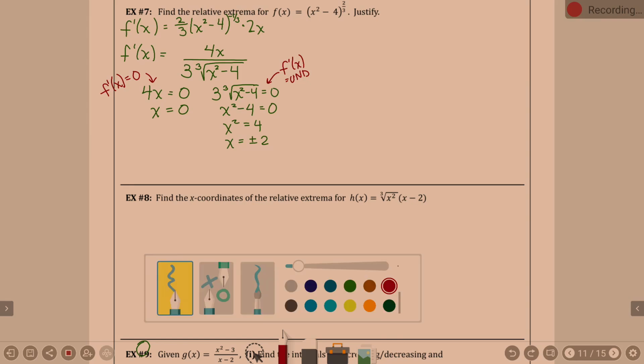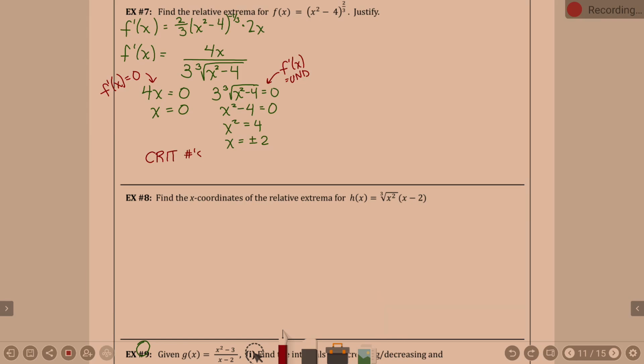We have critical numbers at x equals 0 and plus or minus 2. It asks us to find the extrema, so when we find those extrema, we're going to put 0, -2, and 2 on our sign chart.